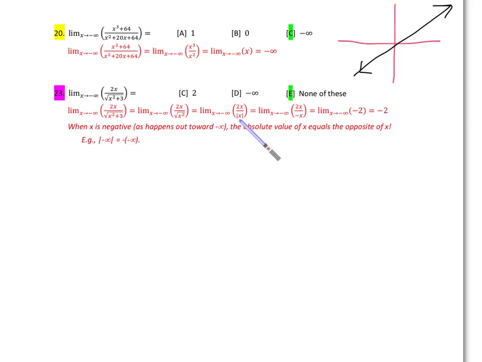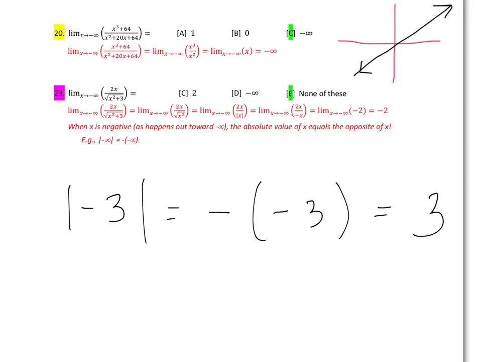But if you put a negative number, big or small, into an absolute value function, you're not going to get that number. You're going to get the opposite of that number. So for instance, if I were to take the absolute value of -3, it's going to ultimately be 3, which is not -3. It's the opposite of -3.